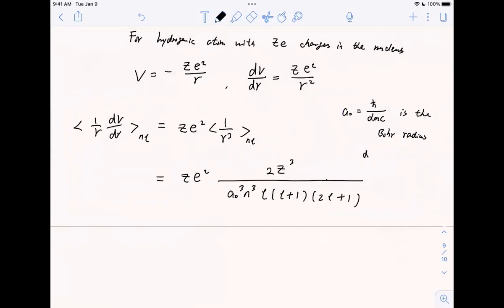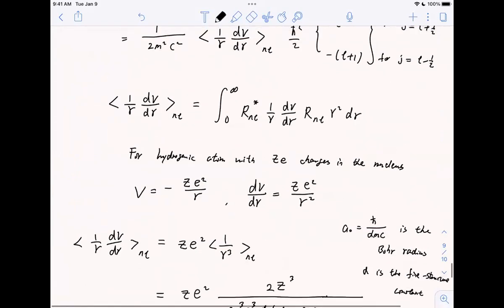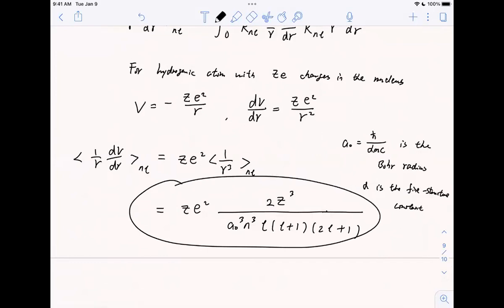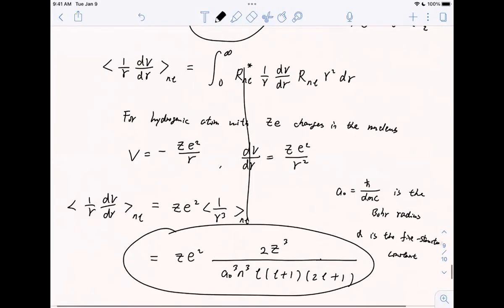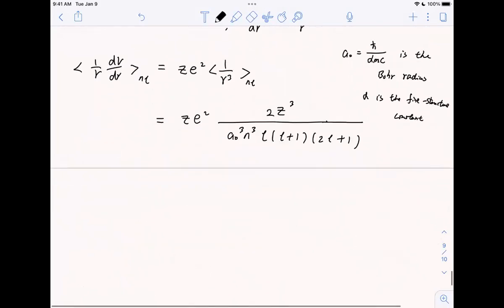Alpha is the fine structure constant. Okay, so you plug this in. You have this, you have this, you just put them together. Put it here, then you'll get the result. NLJ.